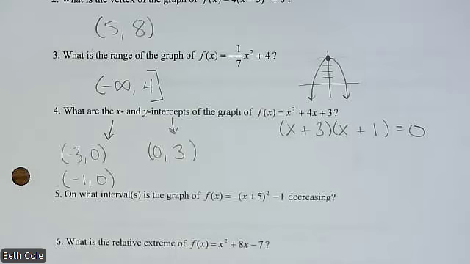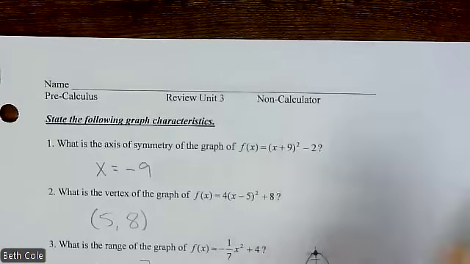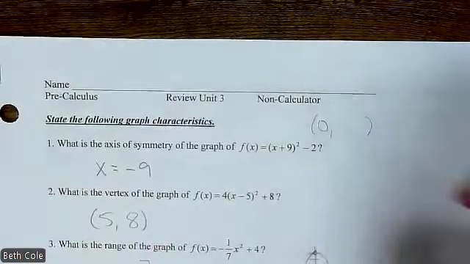Will there be a case where the x-intercept is defined differently from the y? Yeah, like this one, we had to factor to get the x-intercept. But for the y, you just plug in 0 and whatever you get is your y-intercept. So if 3 wasn't there, we would just put 0 in there. Say you needed to get the y-intercept of this one. You would plug in 0 and see what you get.